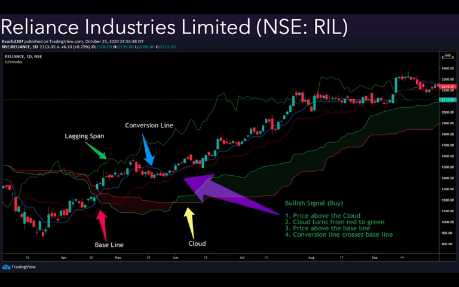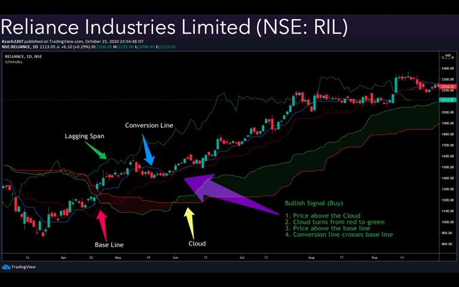The red line basically is the baseline. That is a 26-day high and low. Now the green line at the top is the lagging span, and I believe you can see the cloud turning from red to green, right?